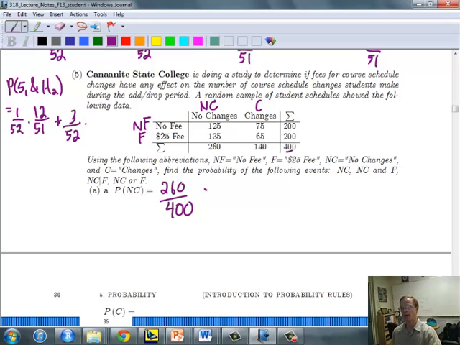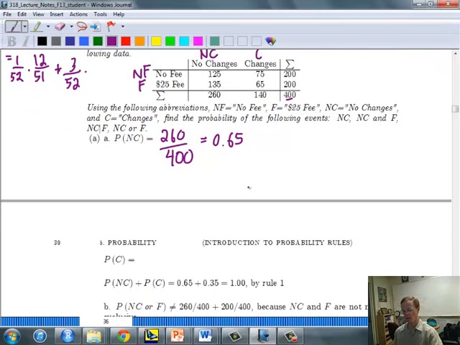We can also write that in decimal form, which might be nice to do, 0.65. Changes then are 140 over the 400, which is going to be 0.35. Now, using rule 1, if you add those together, they had better add up to 100%. They're complements. That's the sum of the complements rule.